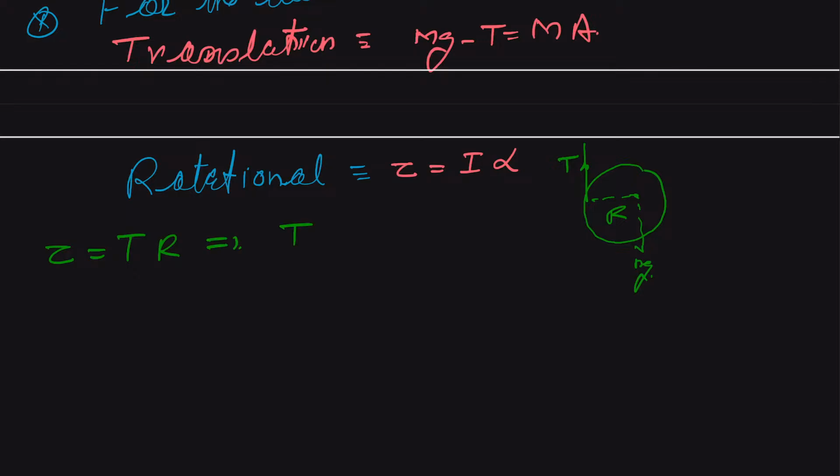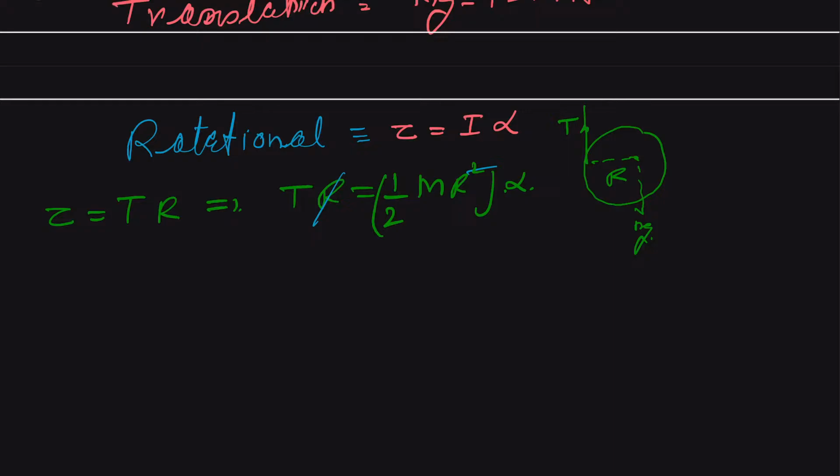So we get TR is equal to, we can substitute the value of moment of inertia, and as it is a solid disk, half M r square times alpha, and here r goes with r, therefore we get tension T is equal to half M r times alpha.